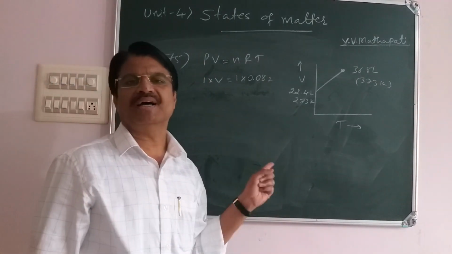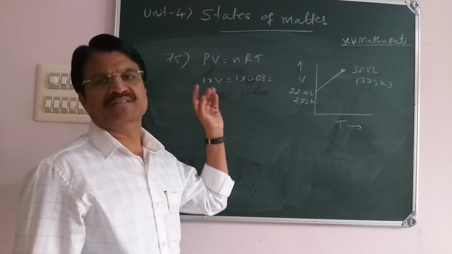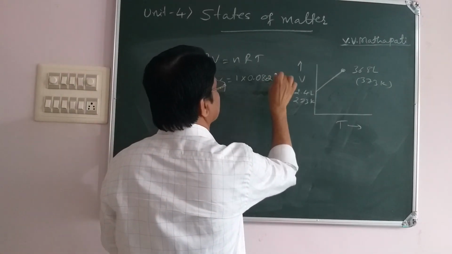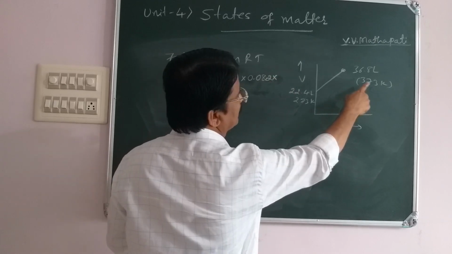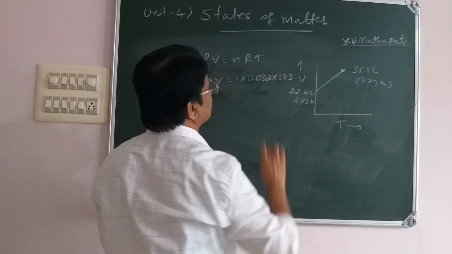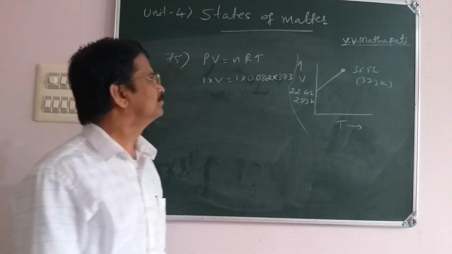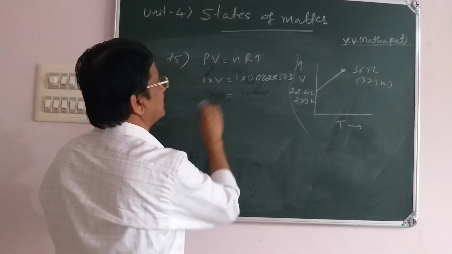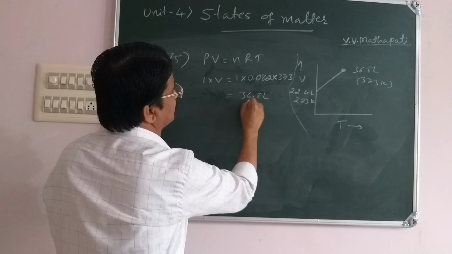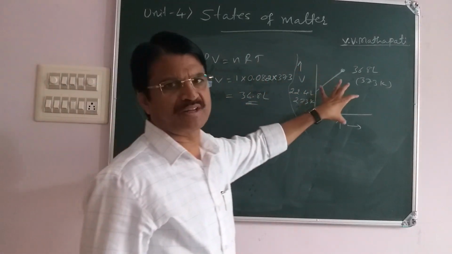There is value of R in SI unit 8.314, and in liter atmosphere 0.082, into temperature. This is selected 373. Temperature 373, multiply these two and we get 36.8. So this method applicable for first graph.